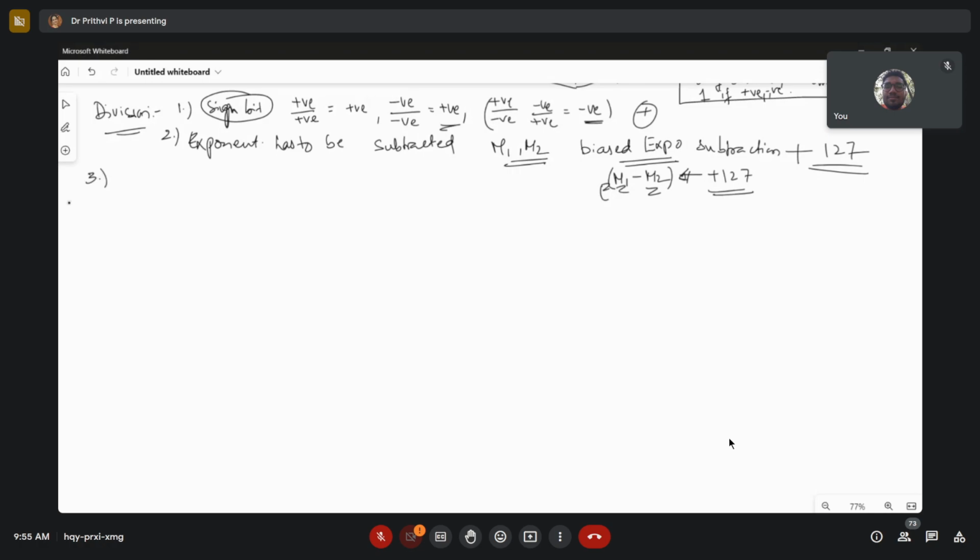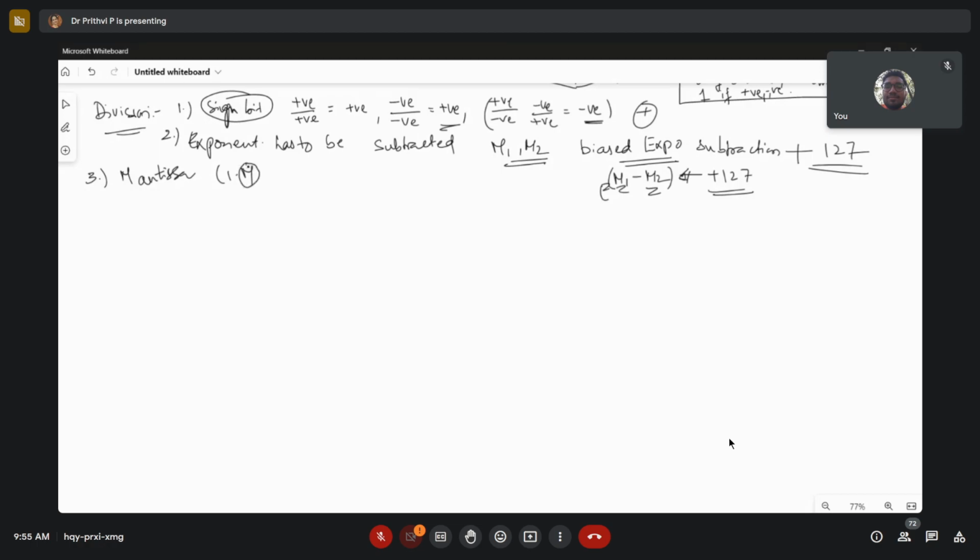Now, the mantissa portion is a normal division aspect. What approaches have we seen for division? Different approaches. Say restoring, non-restoring, you can use on the mantissas. Now, these mantissas will be in which format? 1.m format only.